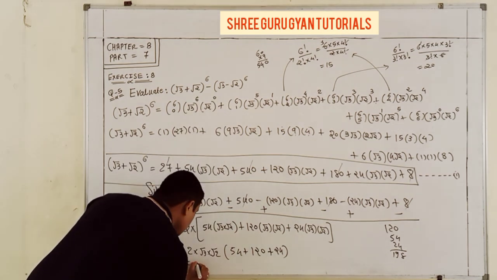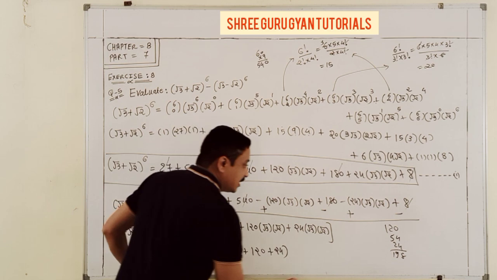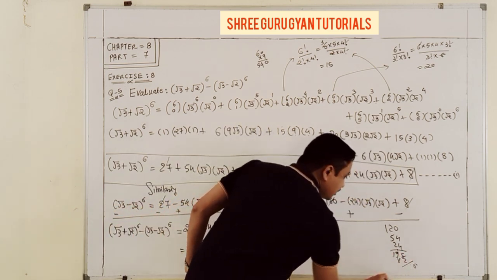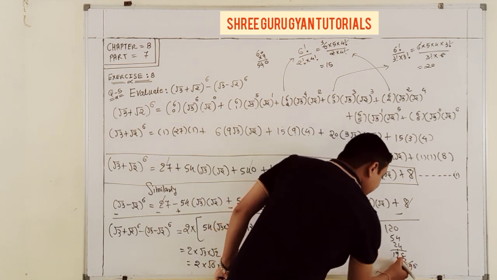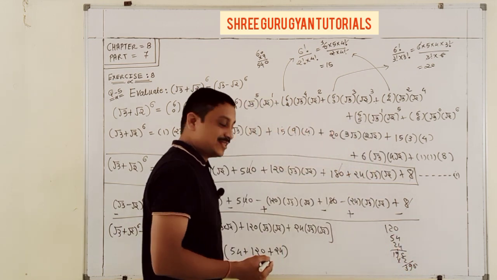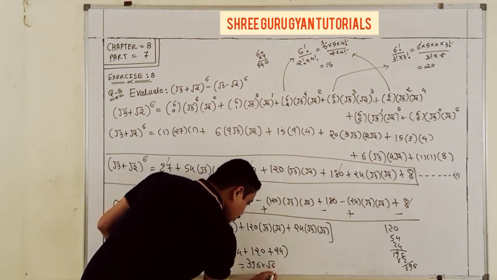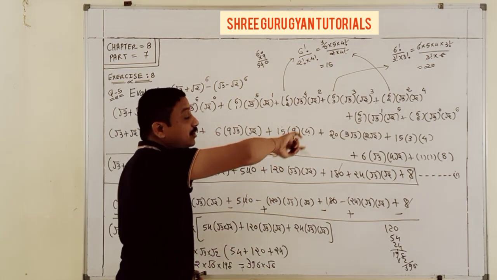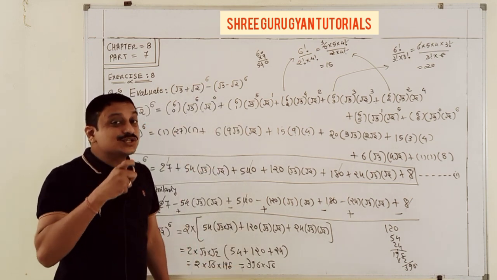So 2 times 198√6: 2 eights are 16, 1 carry, 9 twos are 18 plus 1 is 19, 1 carry, 2 ones are 2 plus 1 is 3, 396. So the answer of this question is 396√6.